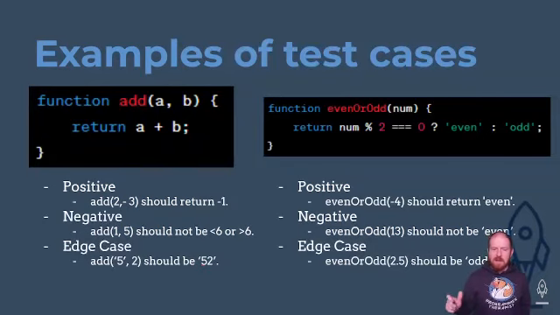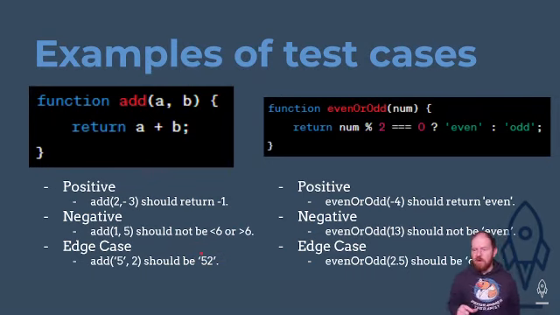So we would check to make sure that it's at least doing what we expect, whether that's what we want it to do or we don't want it to do. So edge case would actually be that it returns 7, but then we'd have to program in our code to say, if you get a string, change it to a number before you add it.